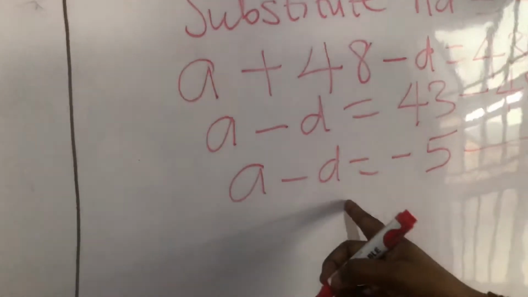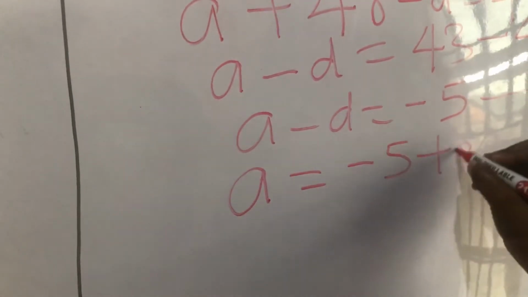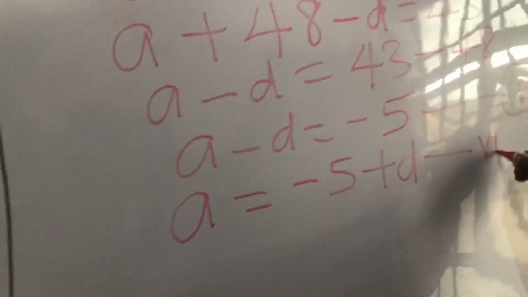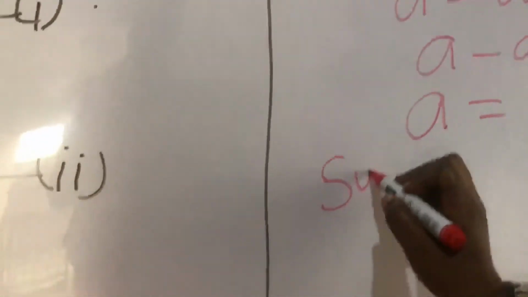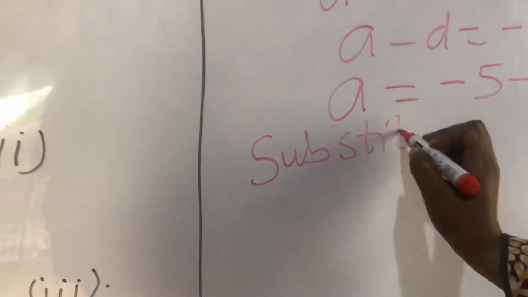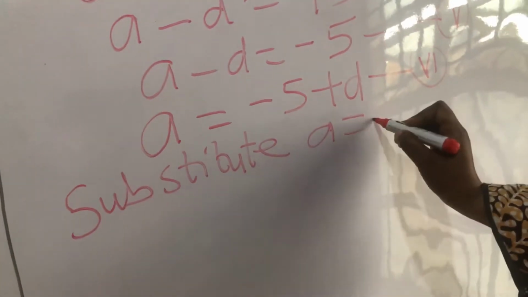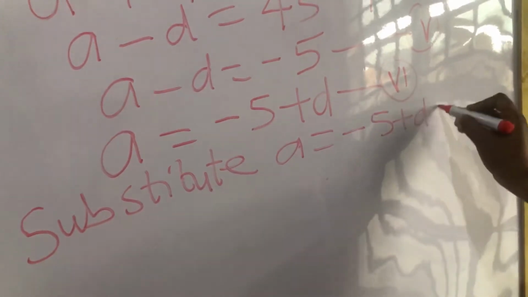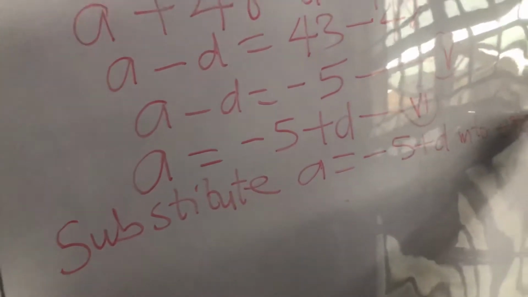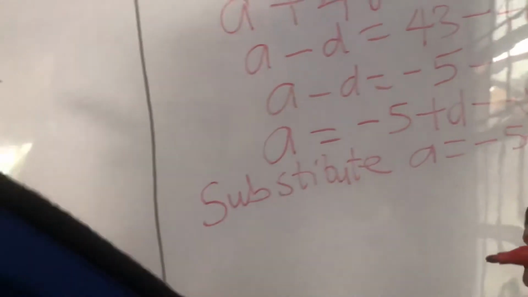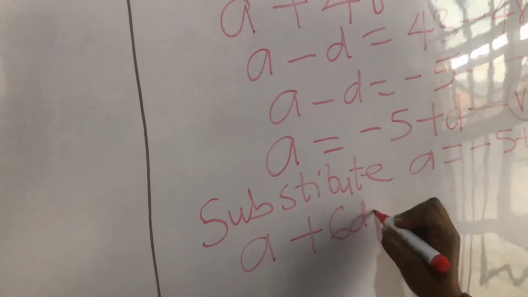Now from here we can say that A is equal to minus 5 plus D. Now substitute A is equal to minus 5 plus D into equation 1. Equation 1 is A plus 6D is equal to 23.